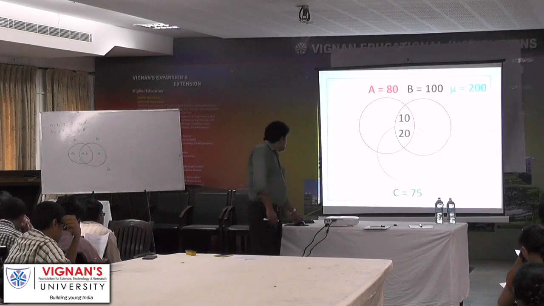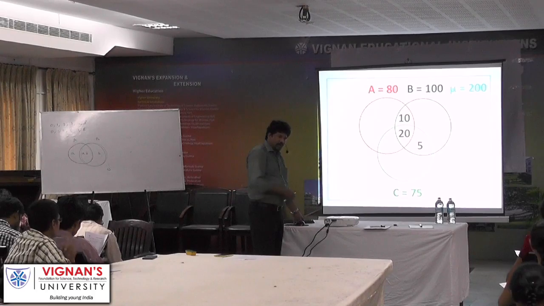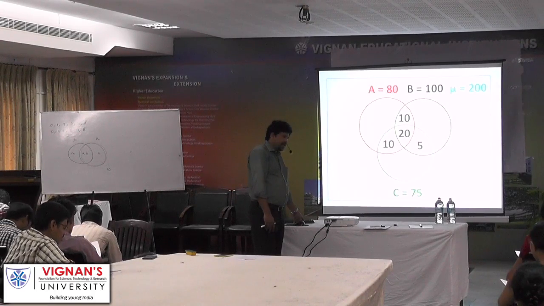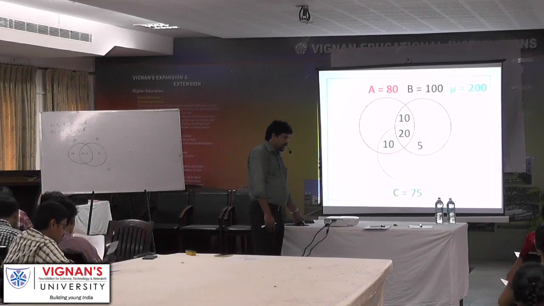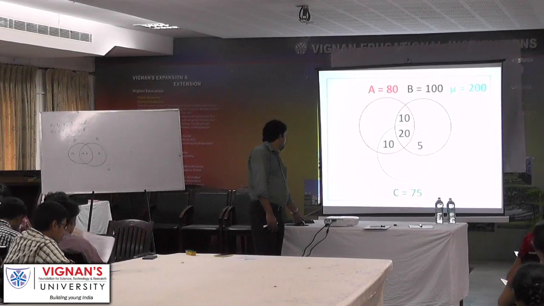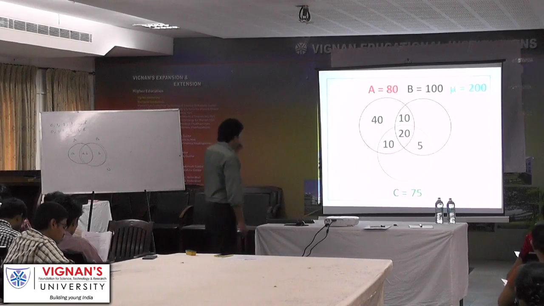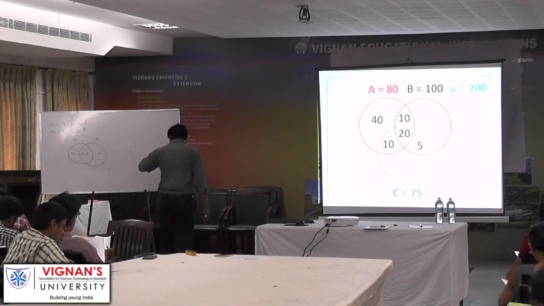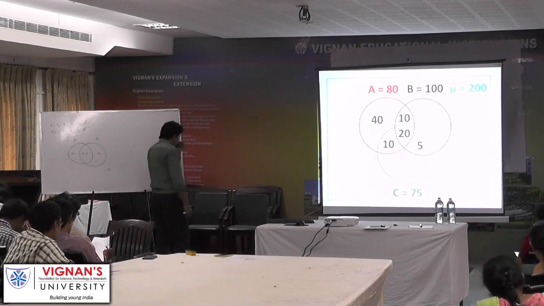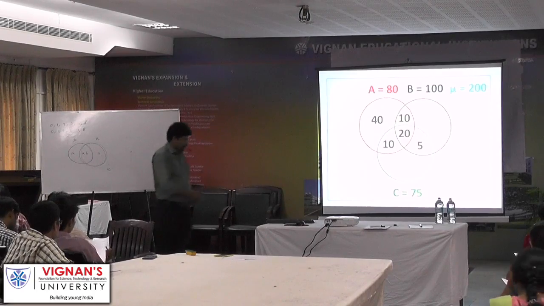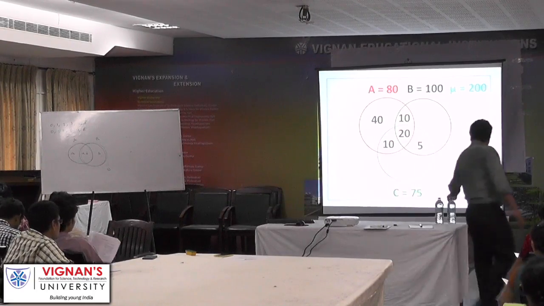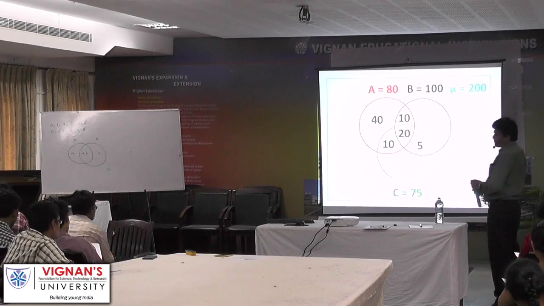Next one, B and C. 25 read B and C, 20 are already there, so 5 read only B and C. Now 30 read A and C, so 10 read only A and C. What other information is given? A is 80.